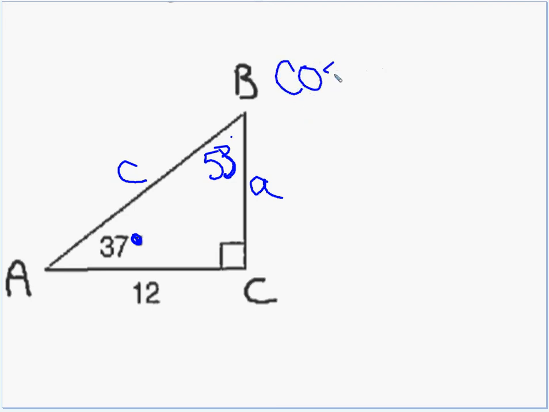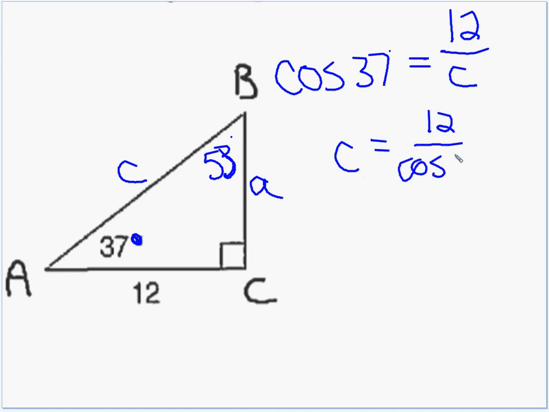The cos of angle 37 degrees is going to equal the adjacent side, 12, over the hypotenuse C. And here I could give those the old switcheroo. So side C is 12 divided by cos 37. Now if you punch everything in the calculator right, side C there should be about 15.